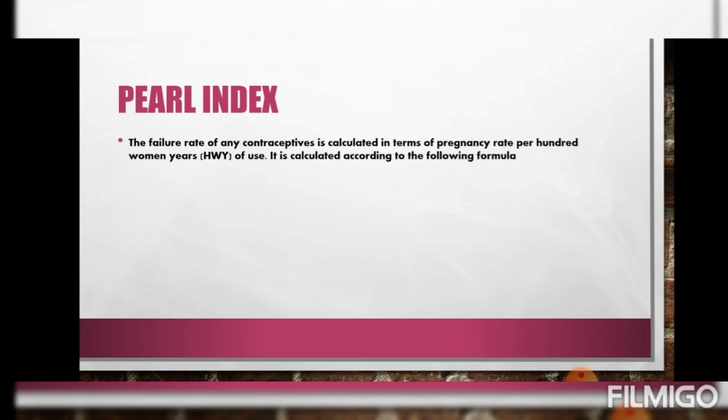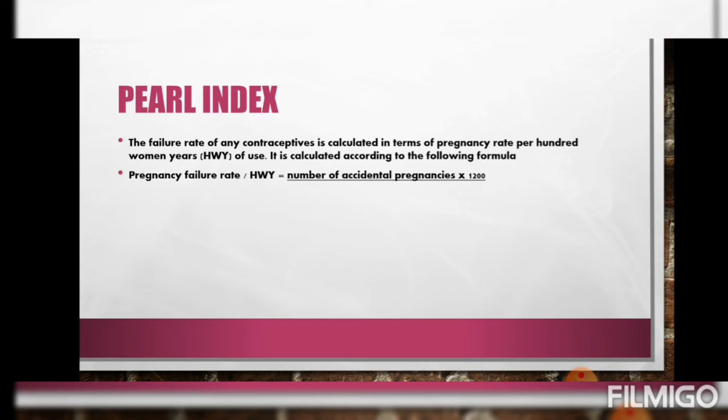The Pearl index gives you the failure rate of any contraceptive, calculated in terms of pregnancy rate per 100 woman years of use. It is calculated according to the following formula. This formula you have to remember to know the success rate or the failure rate.